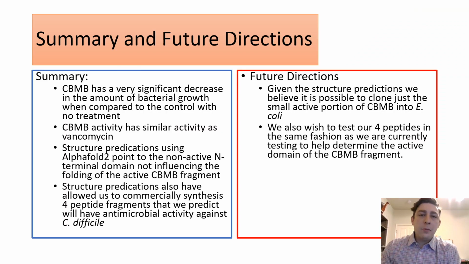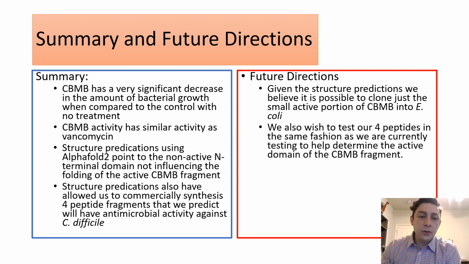So here's a quick summary of my poster and the future directions I wish to take this project. CBMB has a very significant decrease in the amount of bacterial growth when compared to the control with no treatment. CBMB also has activity that is very similar to vancomycin at similar concentrations.